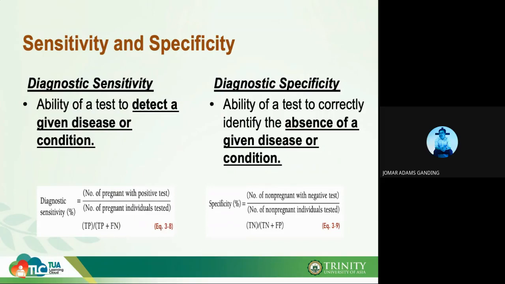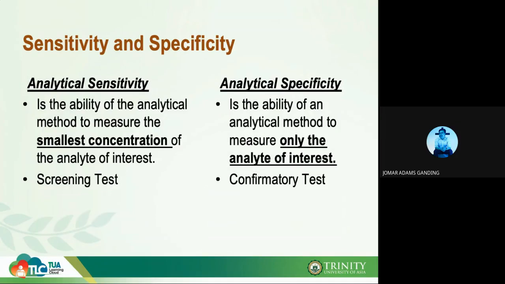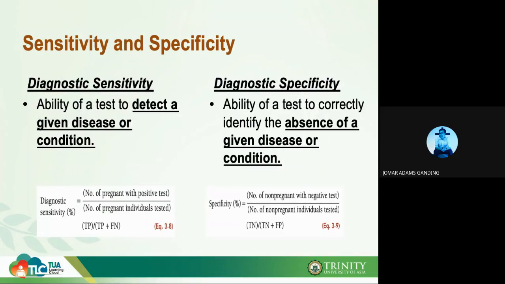When you are pertaining to the ability of the test to detect the lowest concentration, we call that analytical sensitivity. But if we're talking about the ability of the test to detect the individuals with the disease, that is diagnostic sensitivity. If we're talking about the ability of the test to detect only the analyte of interest, that is analytical specificity.